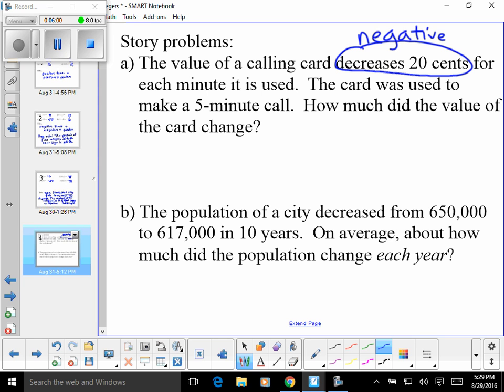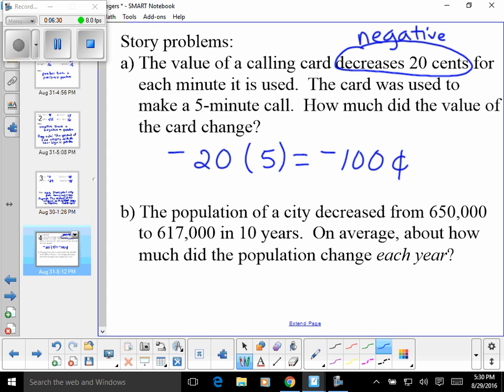We are going to take the negative, well, let's not use a decimal. Let's use negative 20 times the 5 minutes, and we are going to get a negative 100 cents, which is also $1.